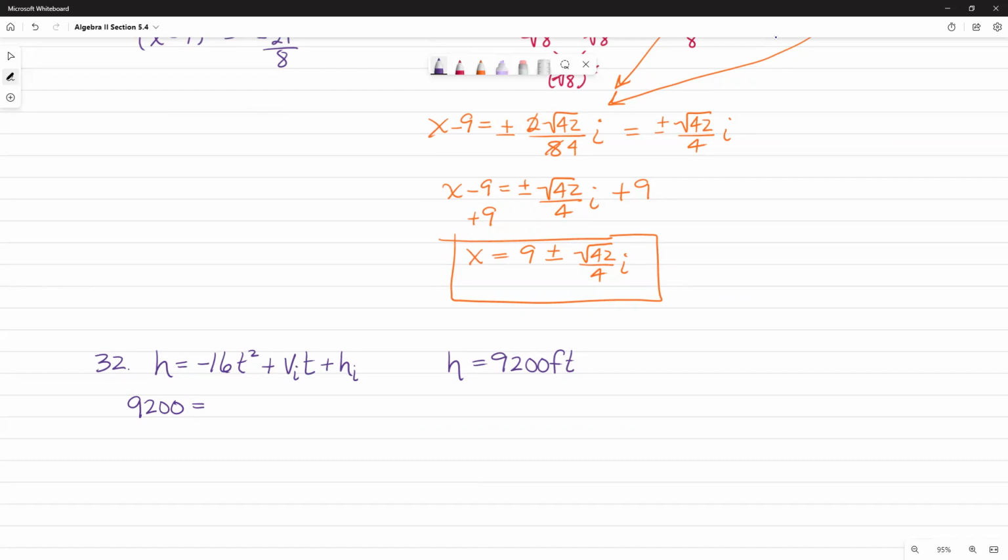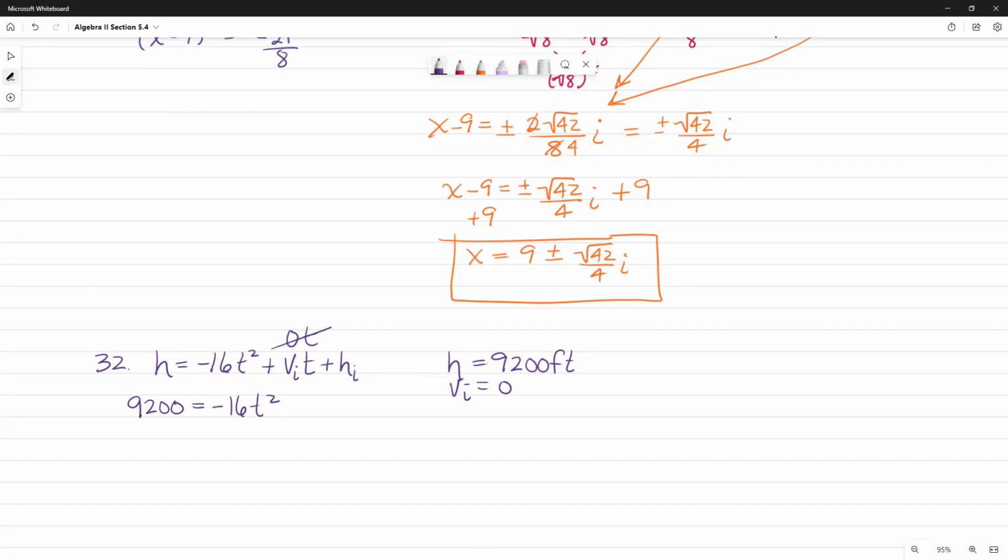Okay, and then we have negative 16t squared. And then they said, assume no initial vertical velocity. So that means that our initial vertical velocity was 0. So that's just a 0t, which cancels it out.